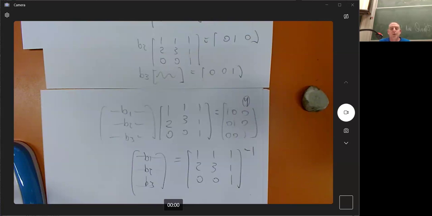So your dual basis, if you take your original basis and find the inverse, then your dual basis is the rows of the inverse. That's what the dual basis is doing. It's the rows of the inverse matrix to your original basis, which is really cool. It's a nice thing to know, I think.